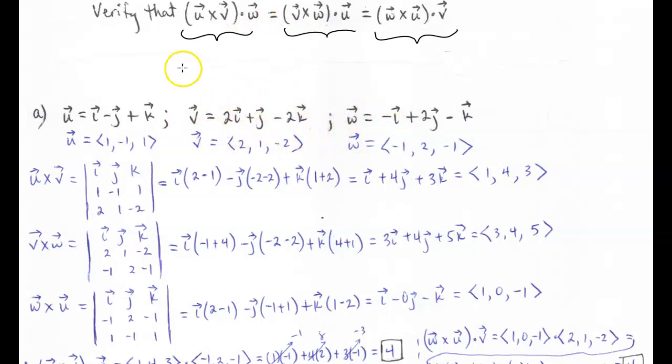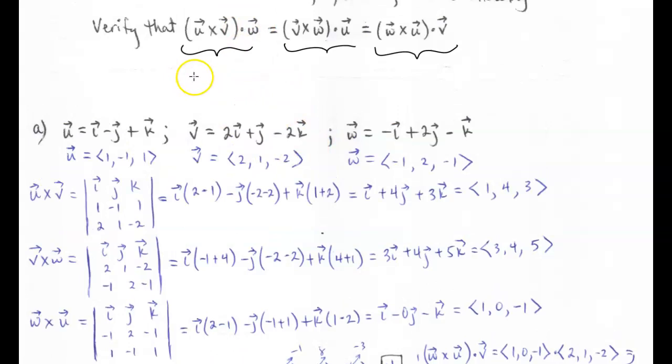And then since here I need to find out what U cross V is, V cross W, and W cross U is, I go ahead and do the determinant calculation for each of those cross product pseudo vectors.